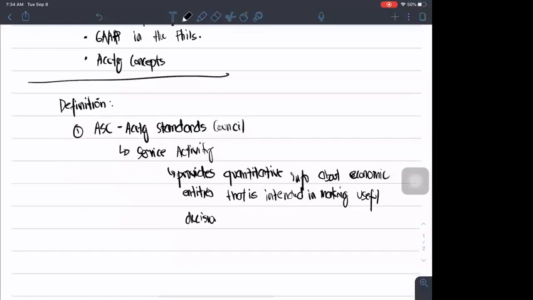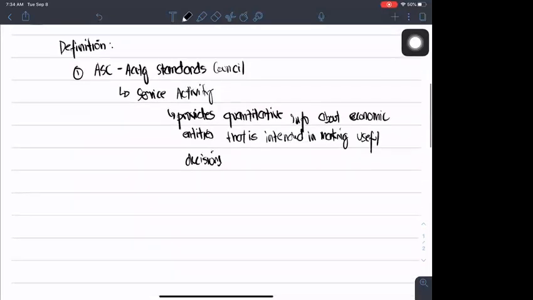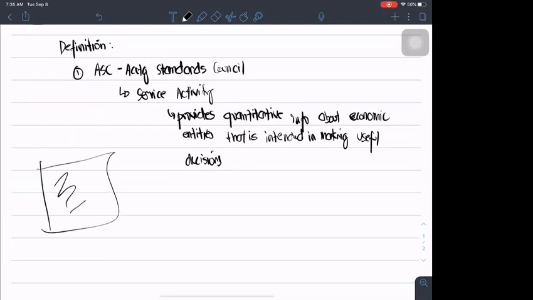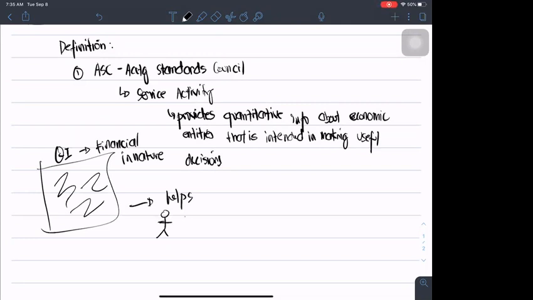So in the definition of the Accounting Standards Council, we have a service activity. Why? Because we have a function of accounting in which you have quantitative information. This quantitative information, take note, is purely financial in nature, and it helps users make economic decisions.